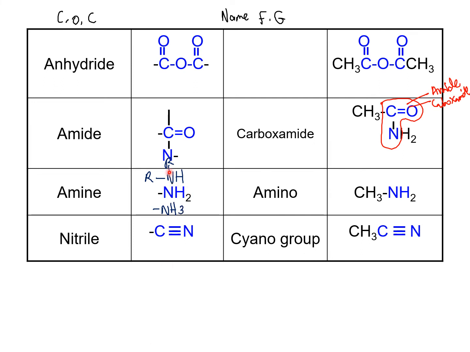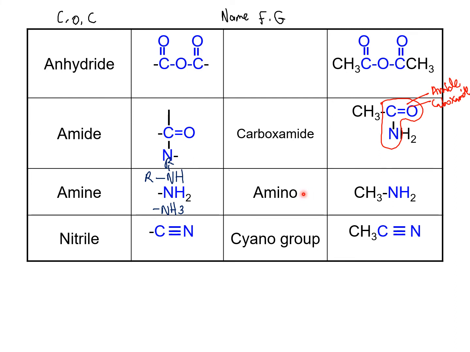Okay, so ketiga-tiga ni asalkan ada N single bond and then melekat dengan 1H ke, 2H ke, 3H ke, that means dia tergolong dalam class of compound of amine. The name of the functional group, if let's say you see something like this, nama functional group dia adalah amino. Okay, this is contoh organic molecule yang ada class of compound amine dan juga functional group amino. Okay, asalkan dia ada N tu melekat dengan 1H ke, 2H ke, 3H ke, dia tetap memiliki class of compound dengan functional group yang sama.